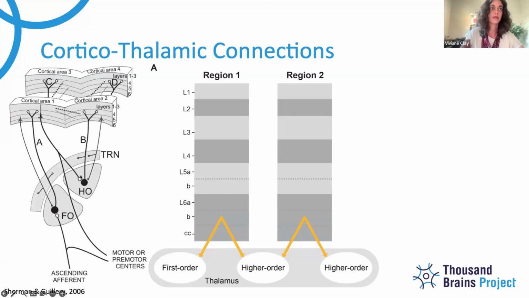And here is a picture from a nice book from Sherman and Guillery about the thalamus that kind of shows this. So we have input to thalamic relay cells. This is a first order thalamic nucleus, this a higher order thalamic nucleus. So the input goes onto that relay cell. That is a driving input.